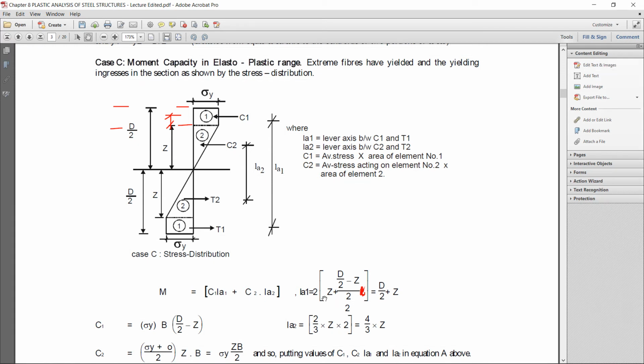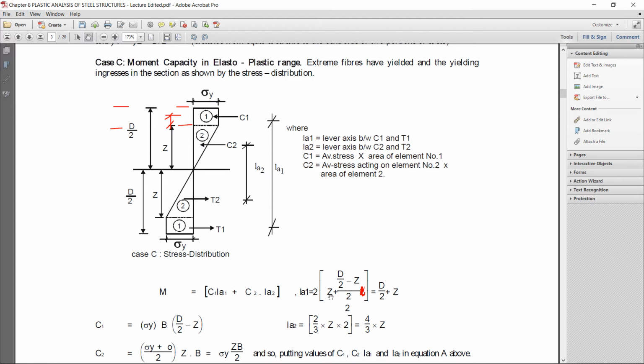Now z plus d by 2 minus z divided by 2, the whole bracket is multiplied with 2. Why? For the bottom distance, the bottom distance is same. So after multiplying we get d by 2 plus z.